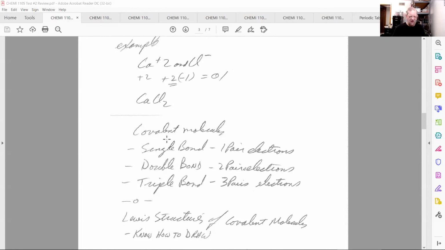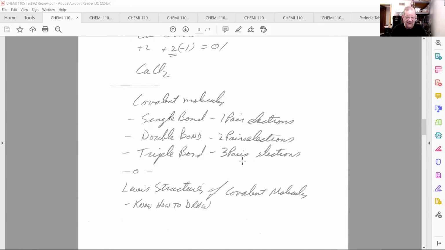Single bond has one pair of electrons, double bond has two pair, and triple bond has three pair of electrons.